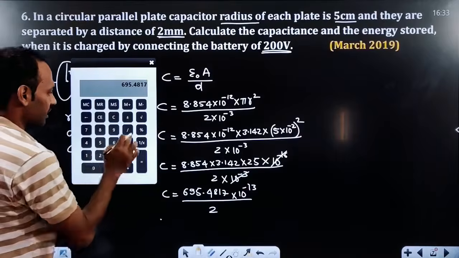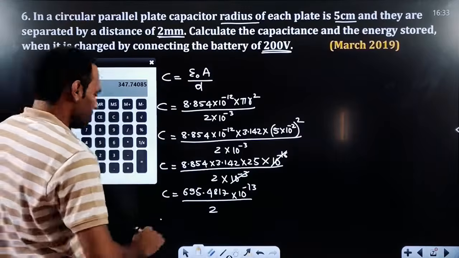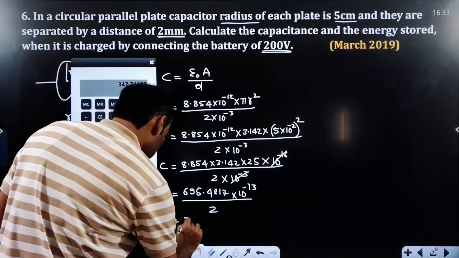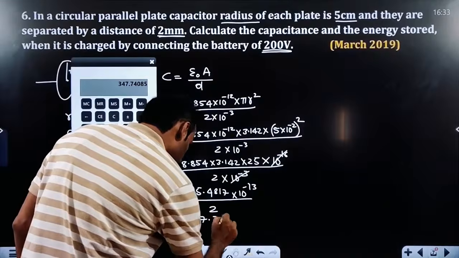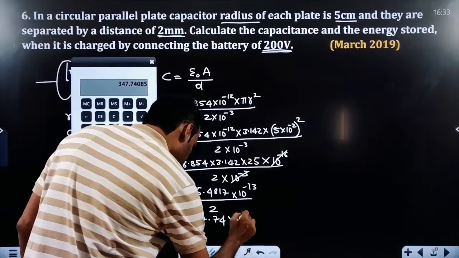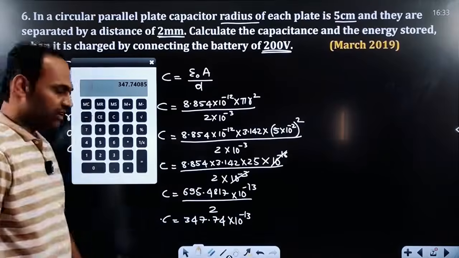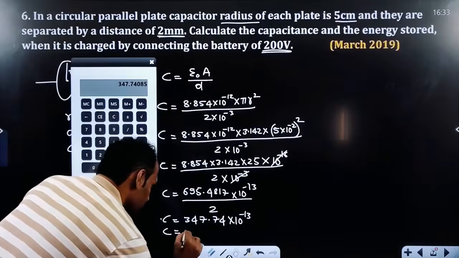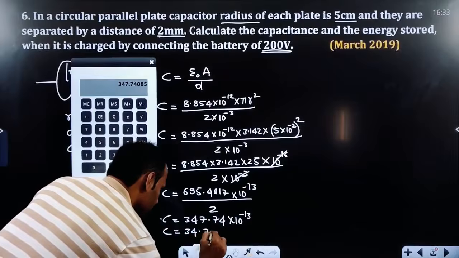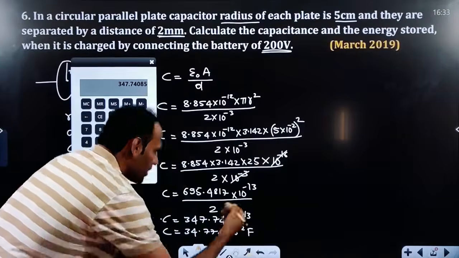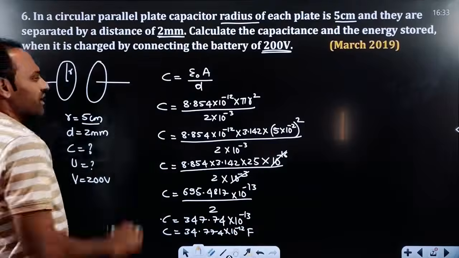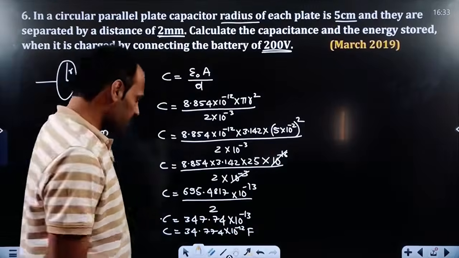So it is 347.74 into 10 to the power minus 13. Or you can also write it as C is equal to 34.774 into 10 to the power minus 12 farad, or you can write it as picofarad. That is the capacitance.